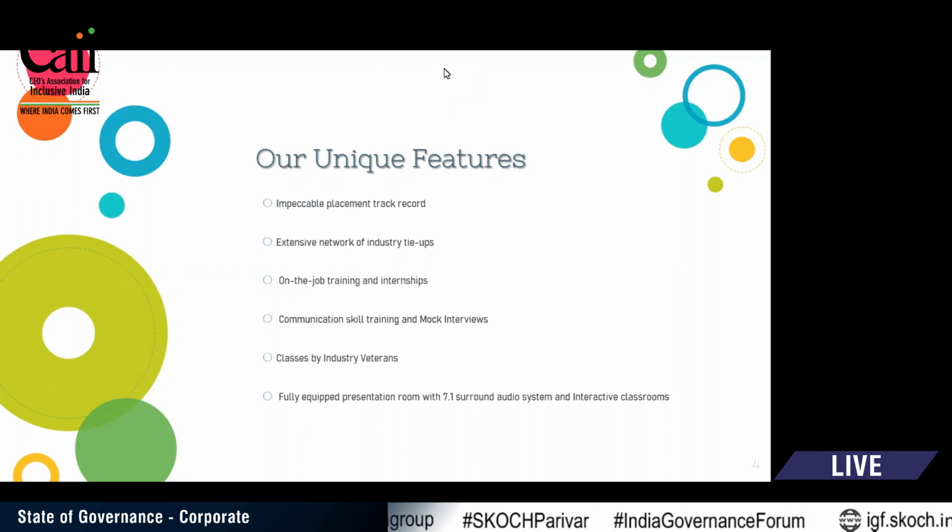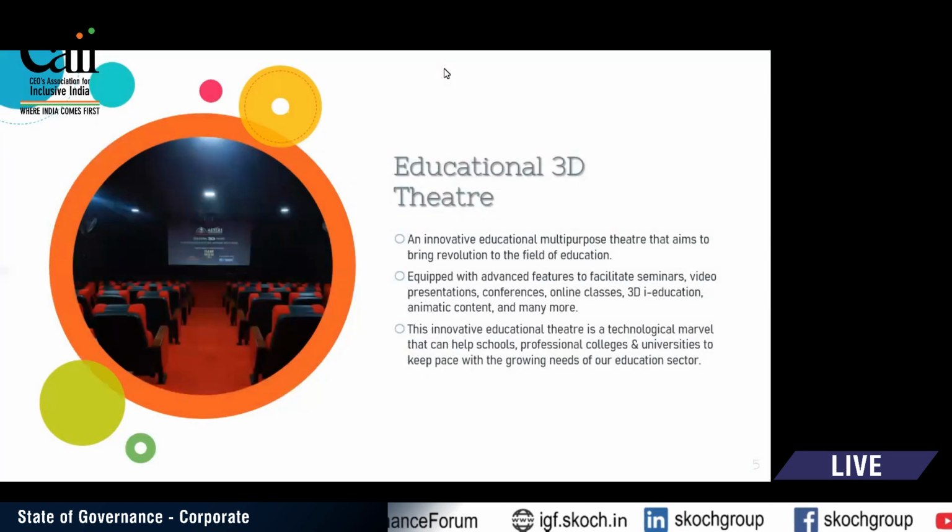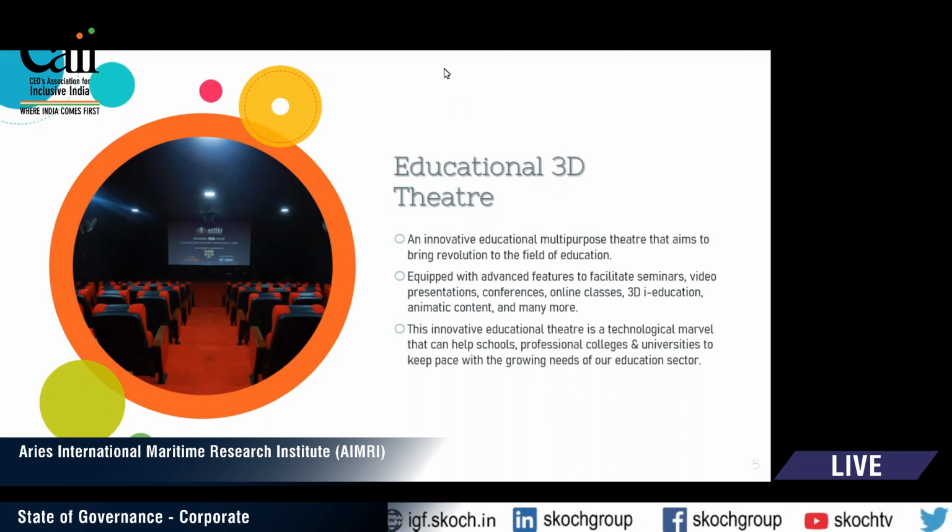The very important and innovative part we are working on is a focus on visual medium training, not paperwork or PPTs, but proper visual media. We have a proper theater in our institute, which I'm going to cover on the next slide: the educational 3D theater. We have set up a proper 70-seater educational 3D theater, including a 7.1 audio system and a full HD projector.